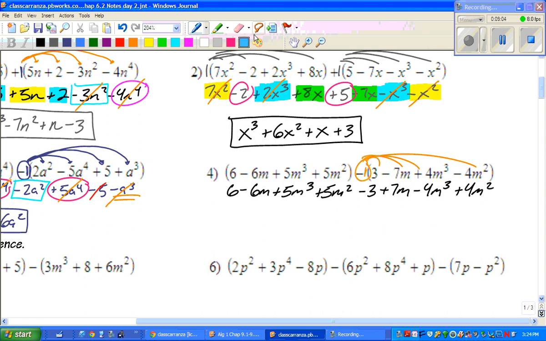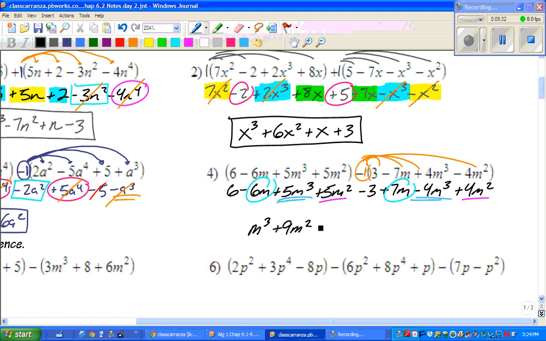All right, let's start looking for like terms. Third power, 5 minus 4 is 1. Squared and squared, 5 plus 4, 9. M and M, that's 6.